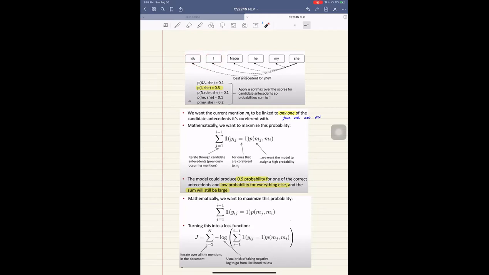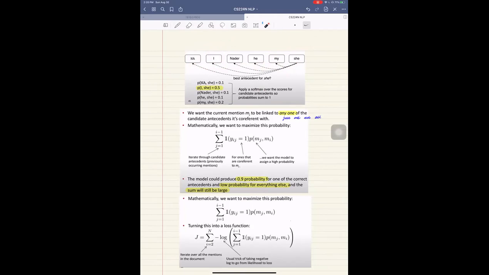The basic idea is, for example, suppose we take she as a mention, and all those are antecedents. We pair each of them, calculate the pair score using the softmax function, and find the one with the highest score.